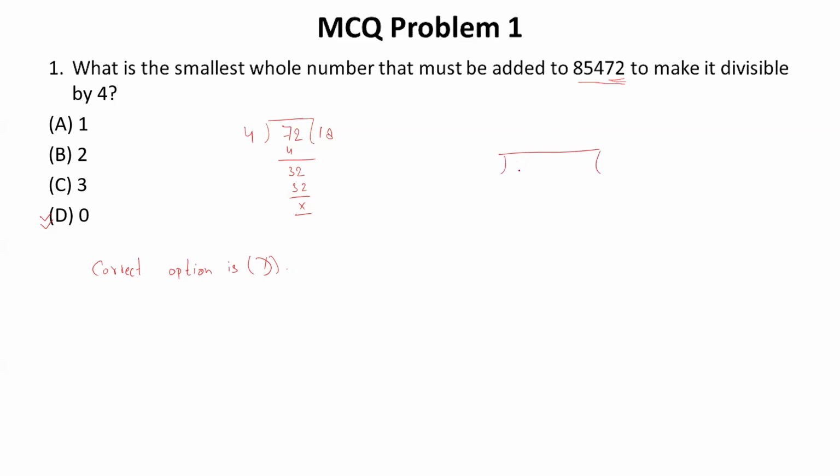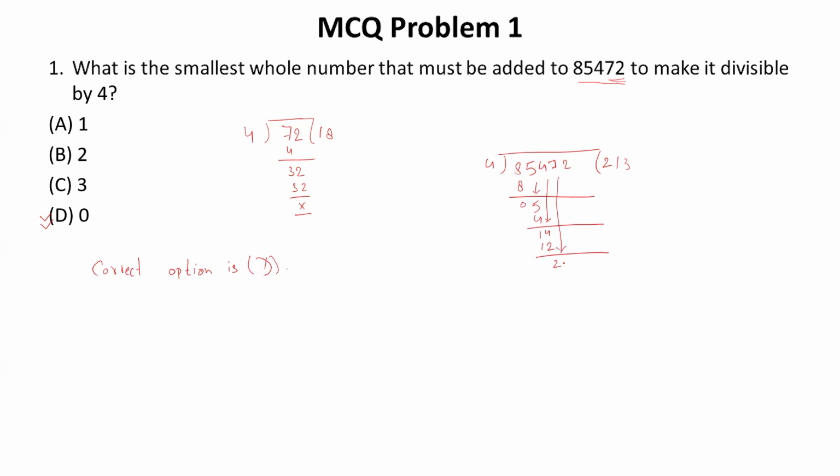Let me also do it, so that we'll get to know the rules I just told you are correct and they are working rules. 8, 5, 4, 7, 2. Just divide by 4. 8 divided by 4, you will get 2, remainder 0. Take 5 down. You will get 1, remainder 1. Take 4 down. 14, you will have 3, remainder 2.